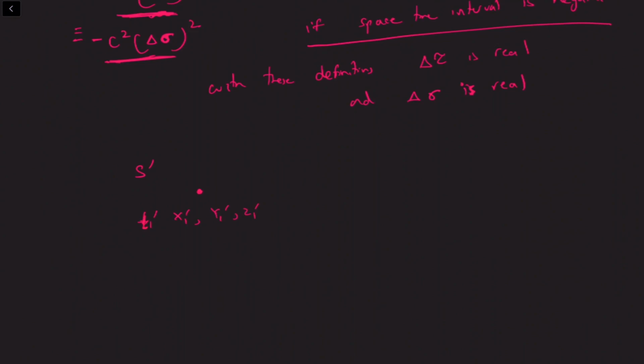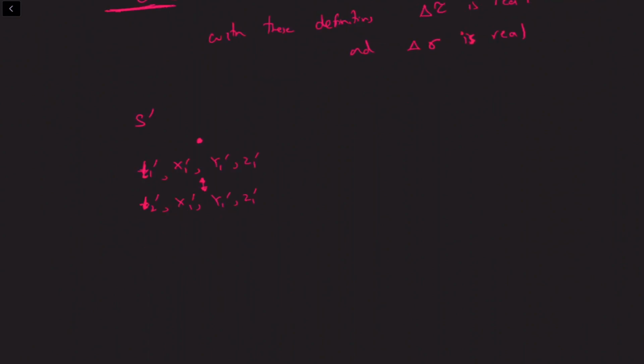And now let's consider the same spatial point, but at a future instant of time. That is, let's consider the future instant of time t2 prime, but at the same spatial location. So now let's consider the spacetime interval between these two spacetime points.